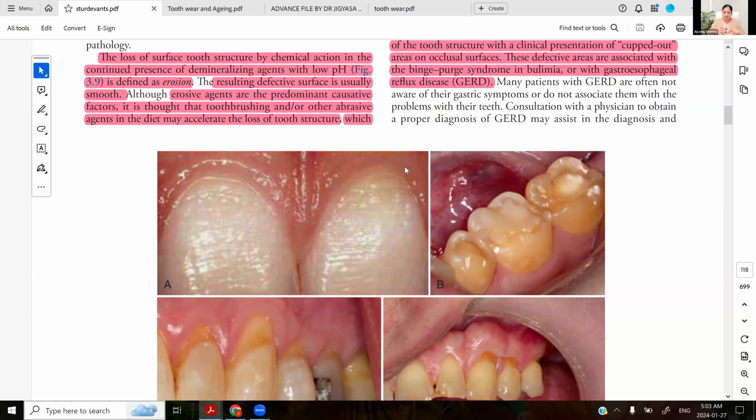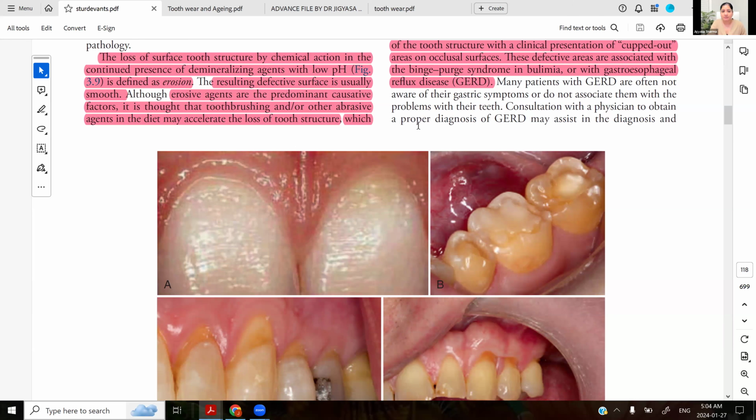Whenever chemical exposure is happening in the mouth, whether it's intrinsic through GERD, acidity, vomiting, bulimia, or continuous throw up, all that internal acid exposure leads to intrinsic erosion. And all the dietary acid is extrinsic erosion. The predominant cause in today's world is extrinsic erosion.